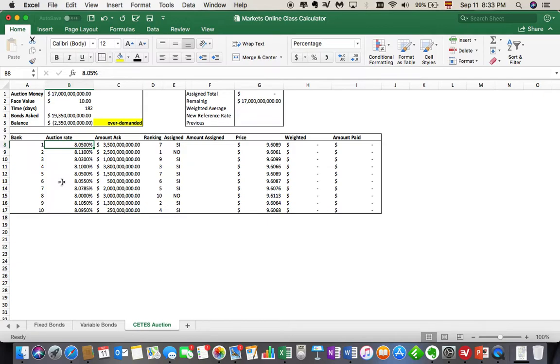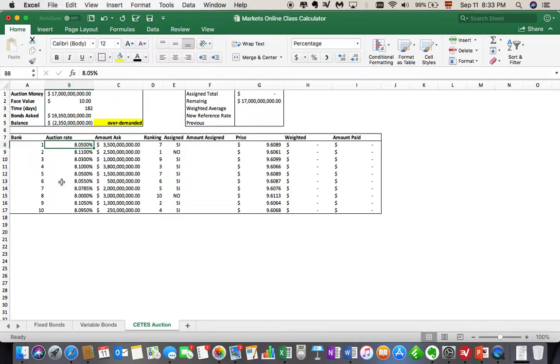Okay, so this is an auction. If the bank really wants to get the bonds, they're gonna go low in the rates and they're gonna pay higher prices. You can also see this as if they go low in the rates, they are asking Banxico to pay low rates to them. Or if they go high, they are asking the central bank to pay higher on them.